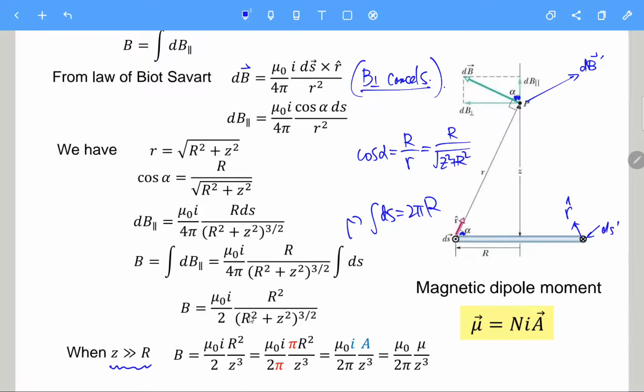We can just discard this one because z is much larger than capital R. So z squared to the 3 over 2 power, the 2 and 2 will be cancelled. We only have z cubed here. And then, of course, R squared is still there.